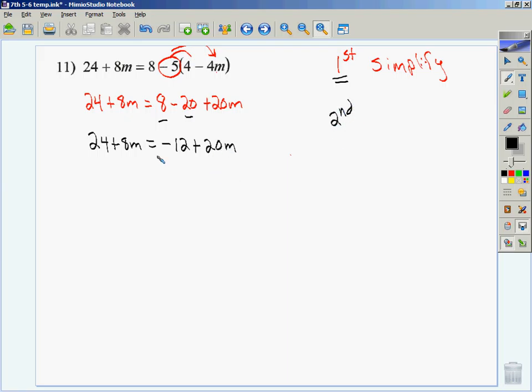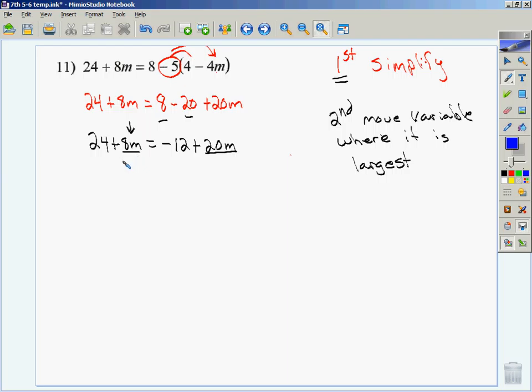If you have variables on both sides of the equation, you want to move the variable to where it is the largest. If I'm looking at this equation, I have 8m and I have 20m. 20m is bigger, so I want to find a way to get rid of this 8m.